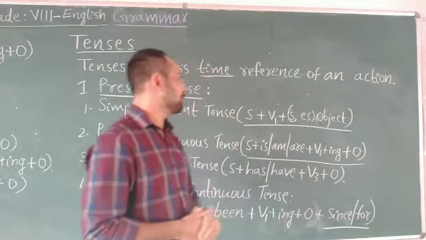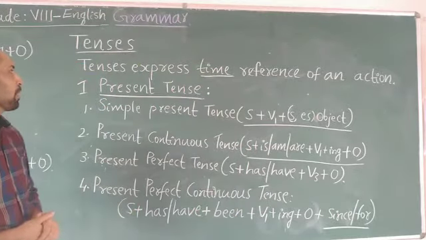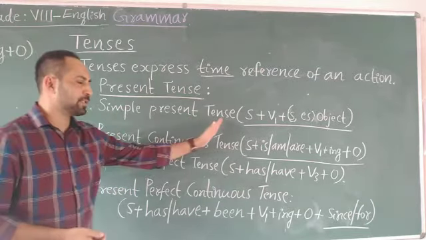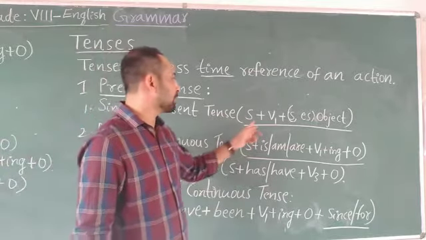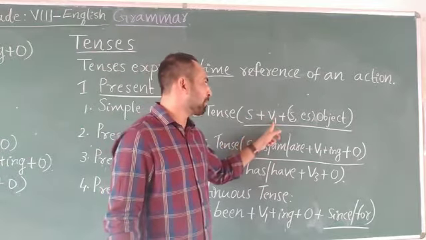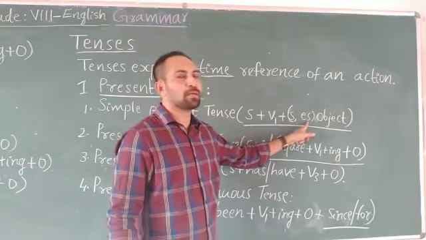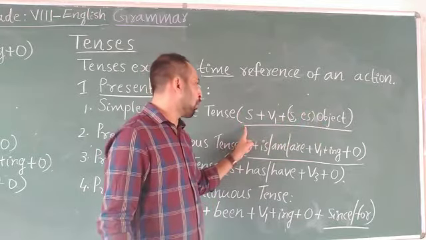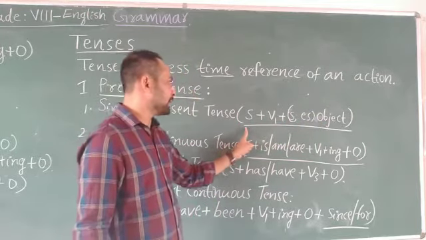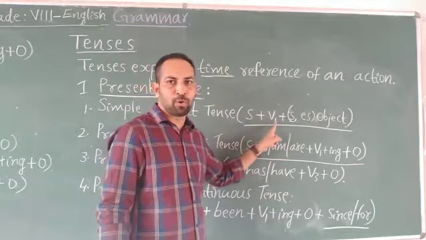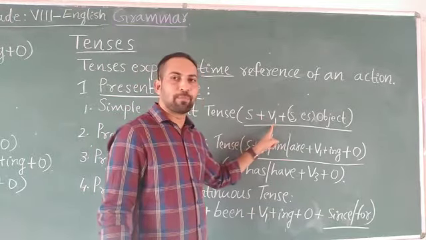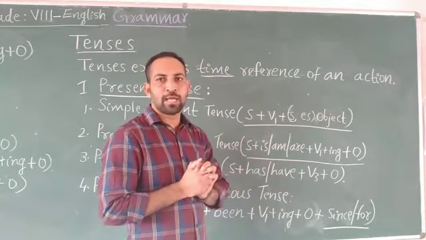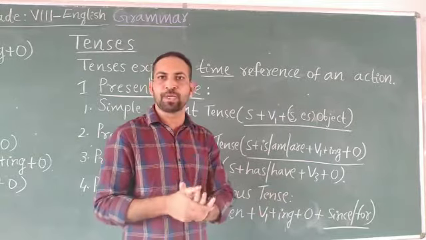Let us study here. The first one, present tense. Simple present tense. Here the rule is subject plus V1 plus S or ES plus object. V1 means the base form of the verb. You know there are mainly 3 forms of verbs, V1, V2, V3.